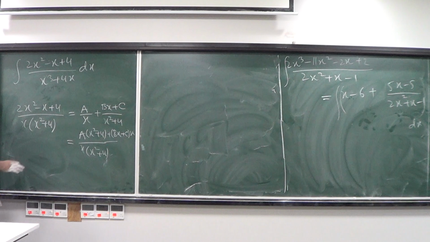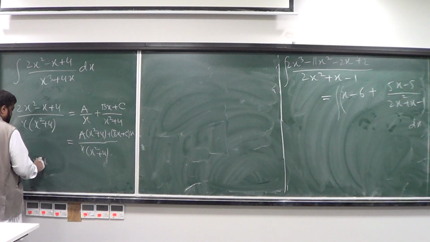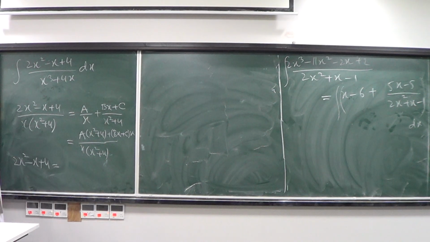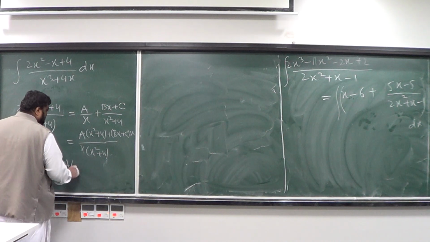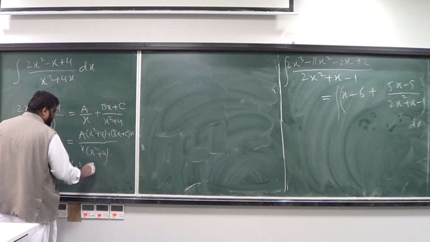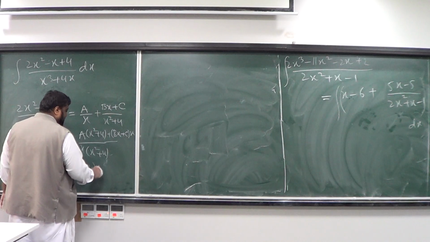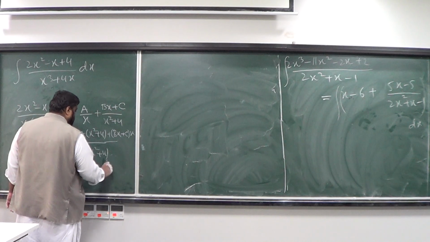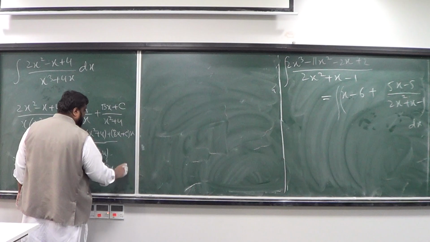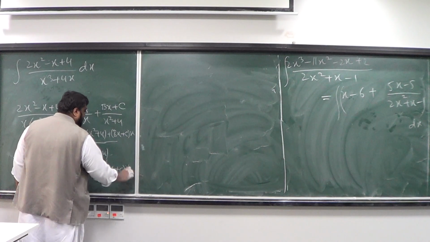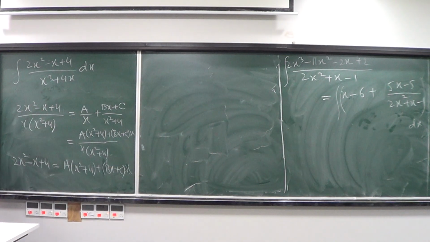If these two fractions are equal, their numerators should be equal. So 2x square minus x plus 4 should be equal to A times x square plus 4, plus Bx plus C times x.